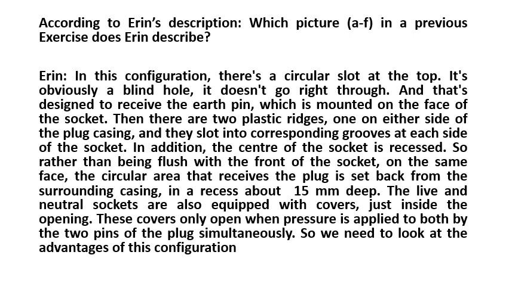The live and neutral sockets are also equipped with covers just inside the opening. These covers only open when pressure is applied to both by the 2 pins of the plug simultaneously. So we need to look at the advantages of this configuration.